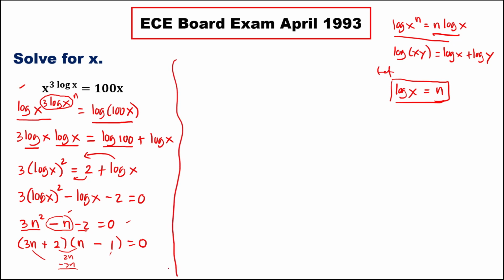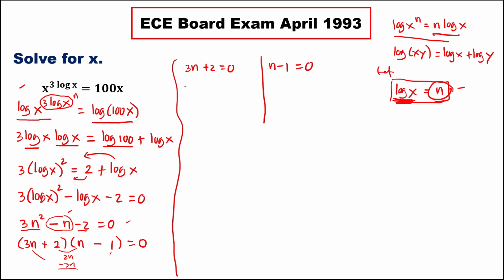So from these two factors, we need to equate each to 0. This becomes 3n plus 2 equals 0, then the other one, n minus 1 equals 0. Since we let log x equals n, we need to replace n by log x.